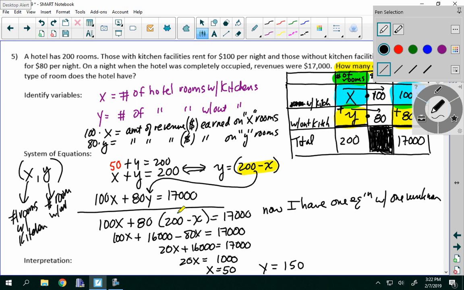And again, I want to point out that to make sure that your sentence is correct, in each one of your sentences, in each one of your definitions, you can find a word that signifies a quantity, number, and amount, and that you also can underline a unit. So here it would be rooms with kitchens, rooms without kitchens. The units here would be dollars because we're talking about revenue.